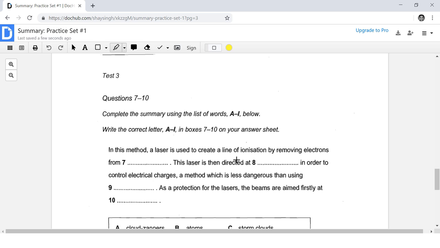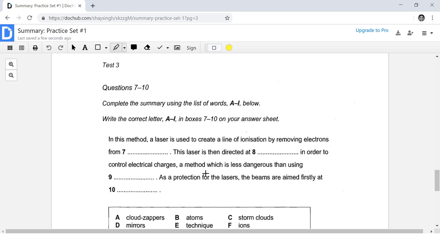And that's going to make your job much easier because once you are finished with those easy questions, then you can return back to these summary questions and you can start off by answering the questions for which you have already located the keywords while you were answering the easy questions first. This is a more time-efficient way to do it, and time is everything when it comes to the IELTS exam because you have to answer the questions in a timely manner.